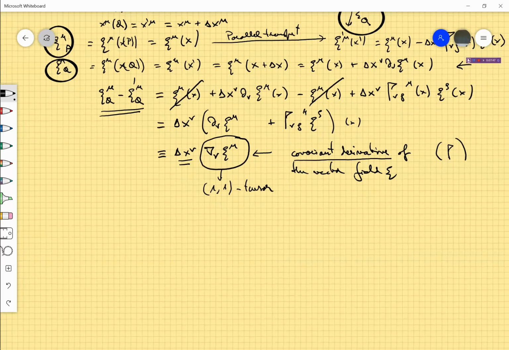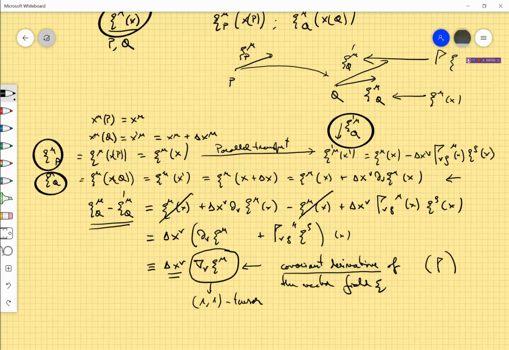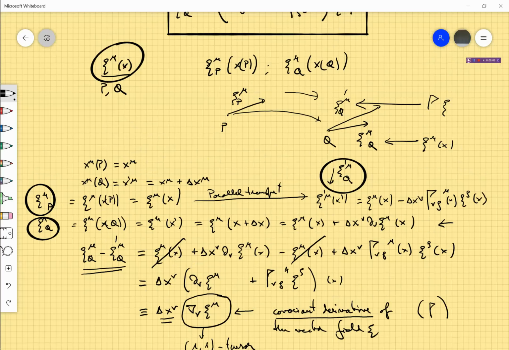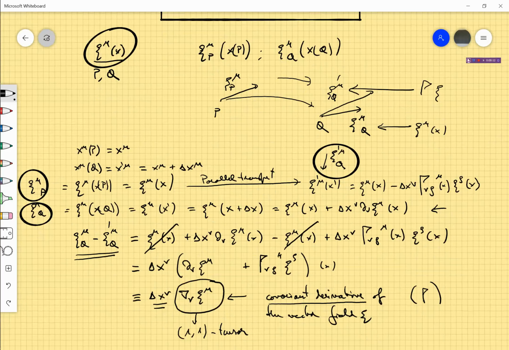Okay, the reason why this should be a tensor is because the procedure by which we have defined this point by point is a procedure that is guaranteed to transform tensors into another tensor. You see that here the parallel transport, we said that it should be such, so this connection should transform in such a way that it transforms a vector at this point into a vector at the other point.